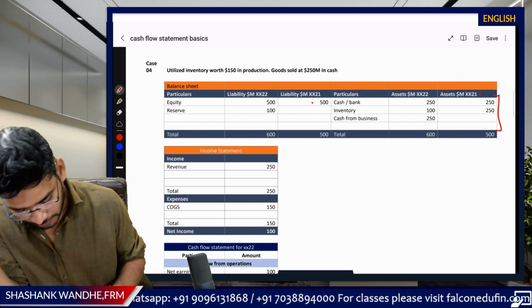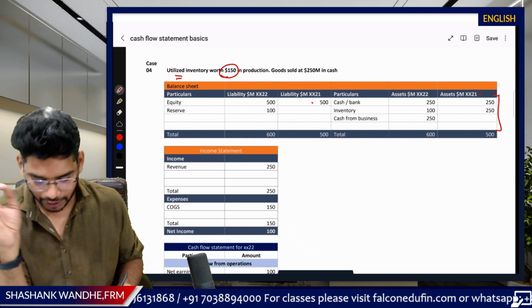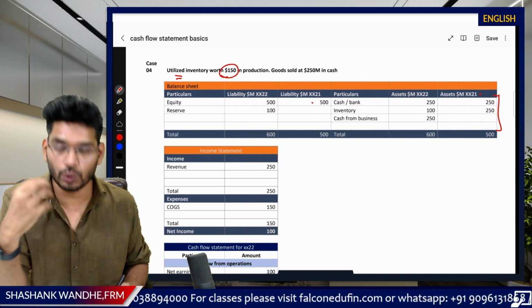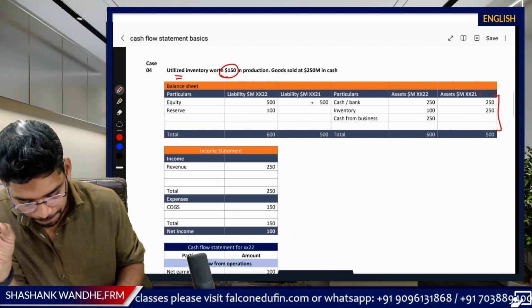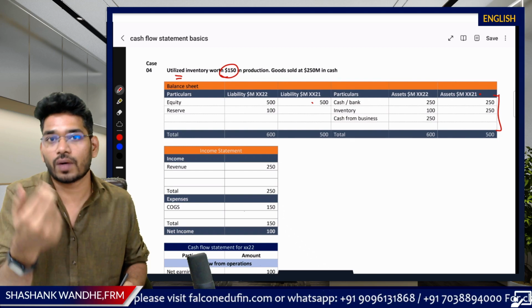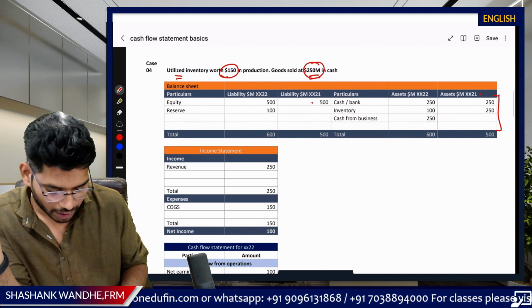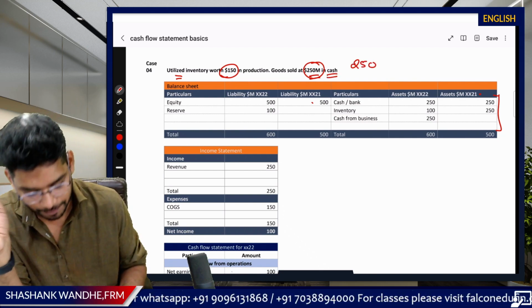Simple. When it comes to 2022, we utilized inventory worth 150. So there is no new purchase in inventory. We just utilized inventory from the existing inventory worth 150 million to sell the goods, or to generate the revenue of 250 million. So revenue generated in cash is 250 million.